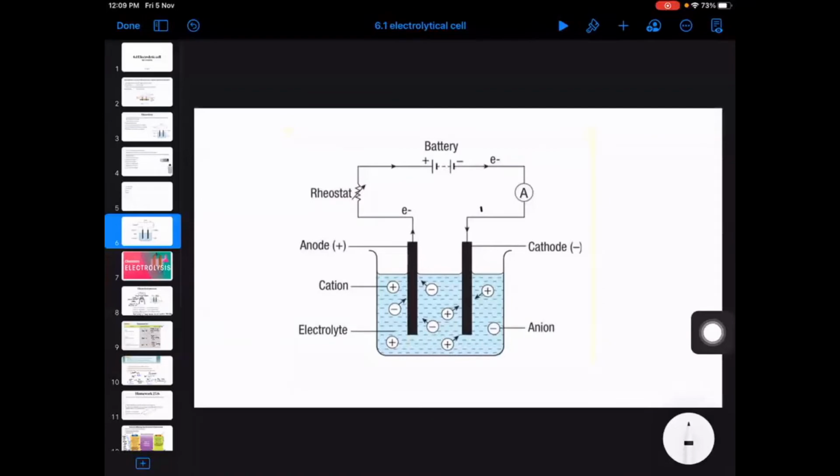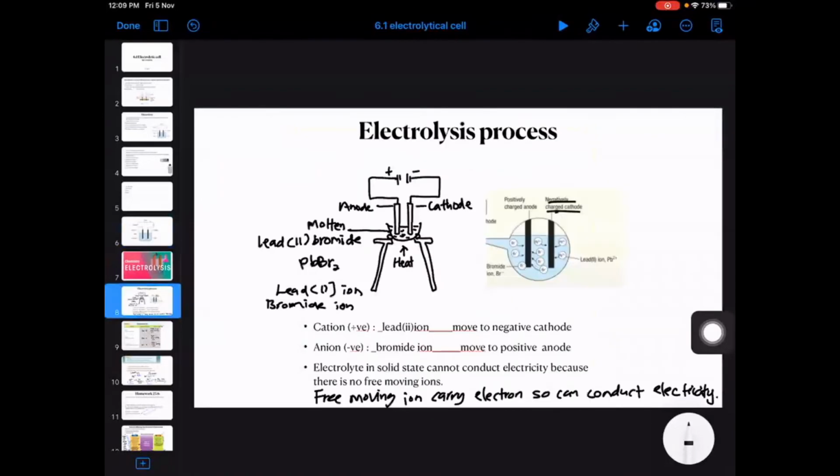So we look at an example. This is an example of electrolysis of molten lead bromide. Lead is positive, bromide is negative. So you have positive and negative charges in your compound.